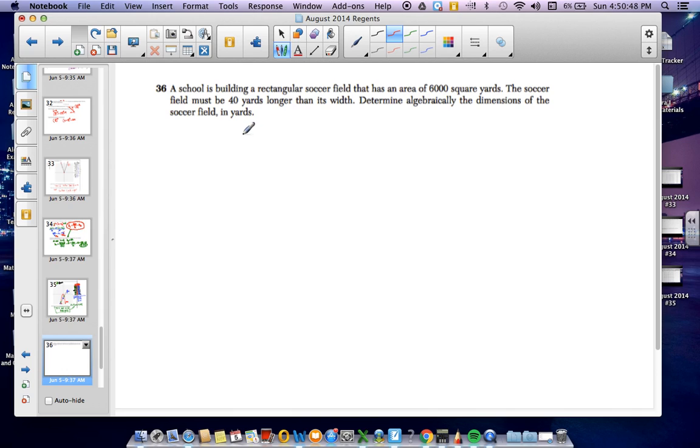Whenever we deal with a question where you're dealing with some type of geometric figure, it's helpful to have a visual, in my opinion at least. I like to look at the shape I'm dealing with. It helps me label things and get things going.